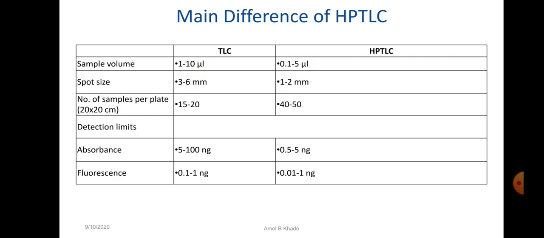When we talk about detection limits, TLC can detect the sample from 5 to 100 nanograms. That is the limit of detection here, and in HPTLC we can go even below that, usually in the range of 0.5 to 5 nanogram. If the spot is detected with the fluorescence mechanism, in TLC we have 0.1 to 1 nanogram, whereas in HPTLC it is 0.01 to 1 nanogram.